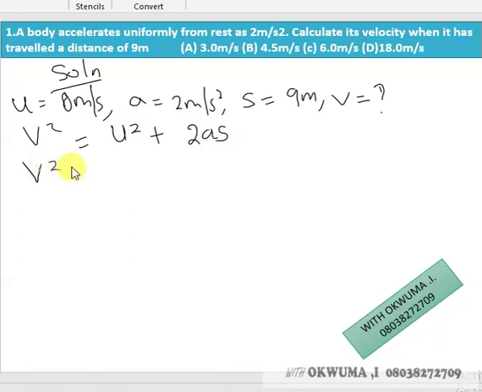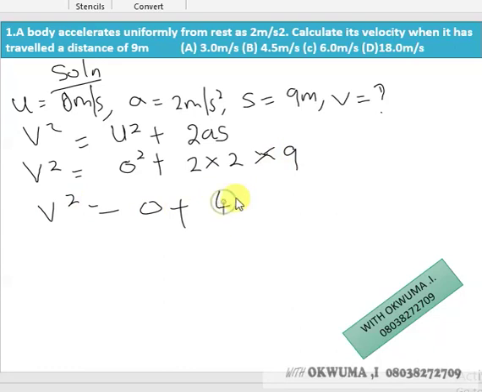Substituting, v squared equals 0 squared plus 2 times 2, that is the acceleration, multiplied by our distance, 9. 2 times 2 gives 4, times 9 gives 36.